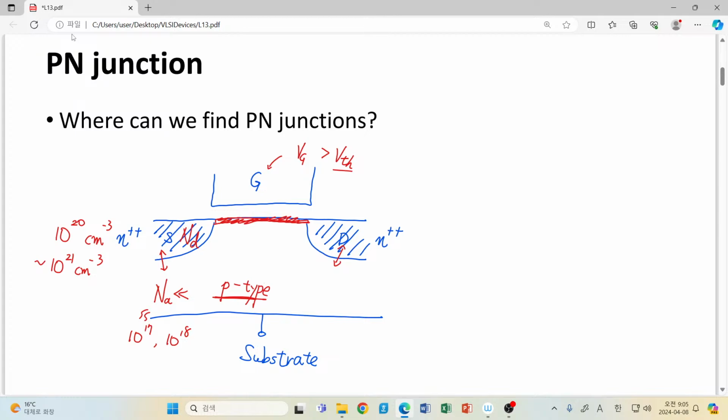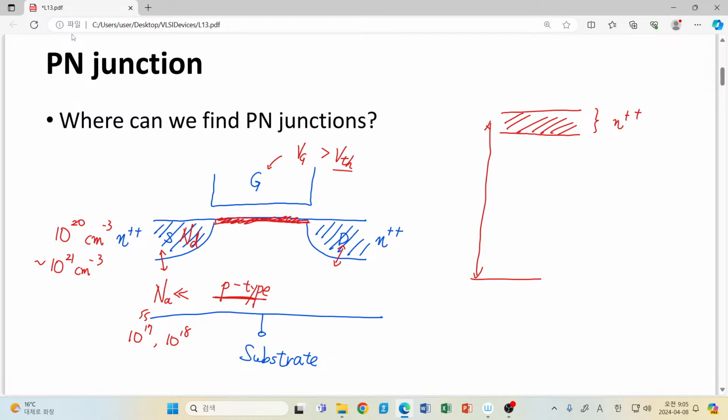So the typical structure is a really deep substrate, and only on top of it we have the N++ region, which has really high density.